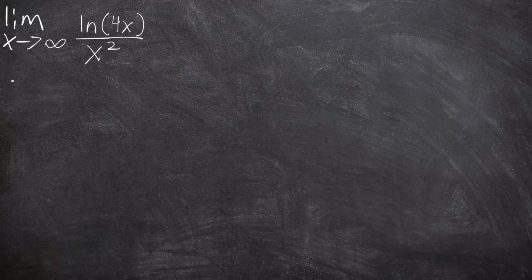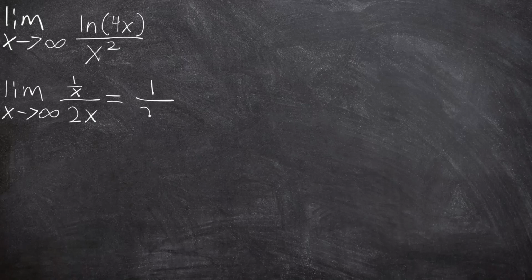Let's try this function now. As always, we want to take the derivative of the numerator and the denominator, starting with natural log 4x. That would just simply equal 1 over x applying the chain rule. And the derivative of the denominator would just be 2x. And applying keep change flip to this, we would actually get 1 over 2x squared.